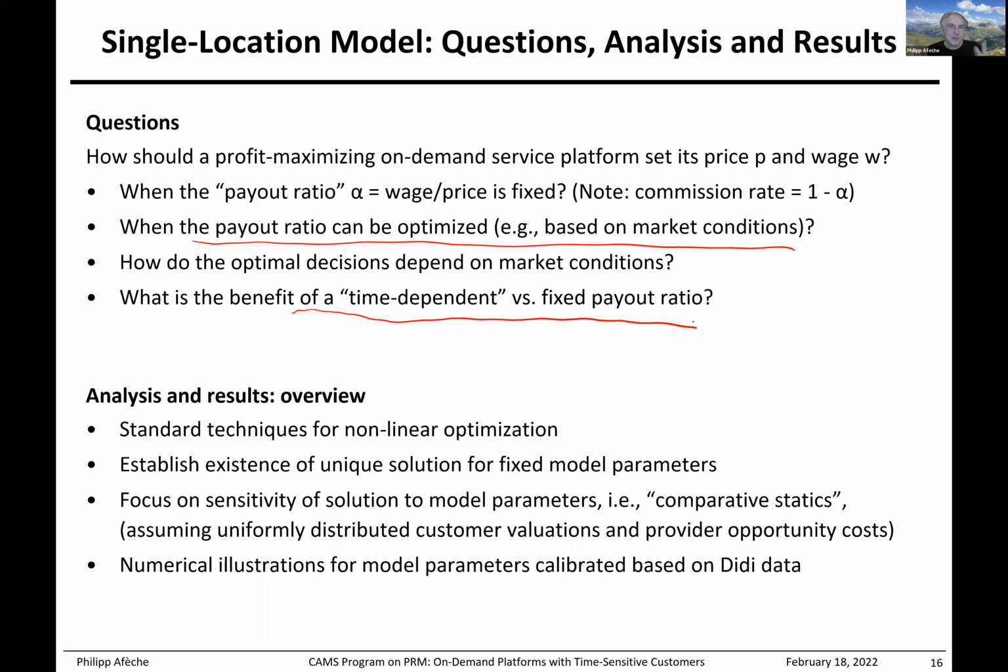I'm going to show you some of these results. I don't know the ins and outs of the data, but I think it's plausible that you could substantially improve performance. Now, how much exactly? There are obviously lots of questions of model specification and validity, in terms of reality versus the model.